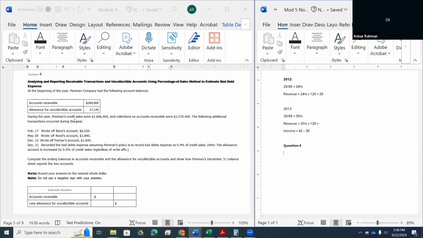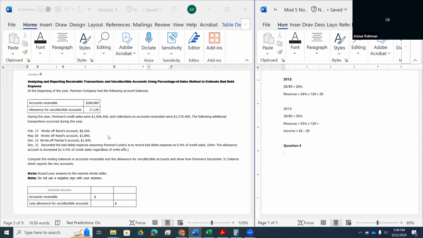During the year, Penman's credit sales were 1,606,400, and collections on accounts receivable were 1,570,400. The following additional transactions occurred during the year: write-off of Boba's account, this amount; Reed's account, this amount; Fisher's account, this amount.